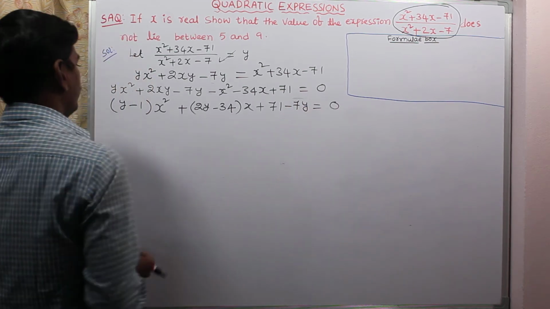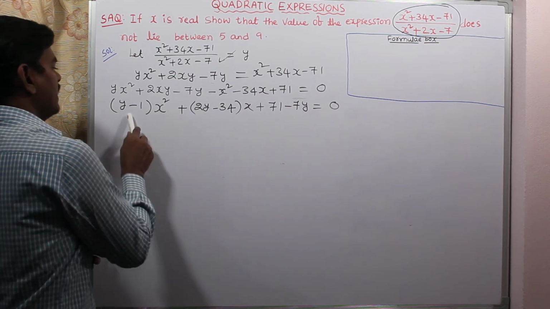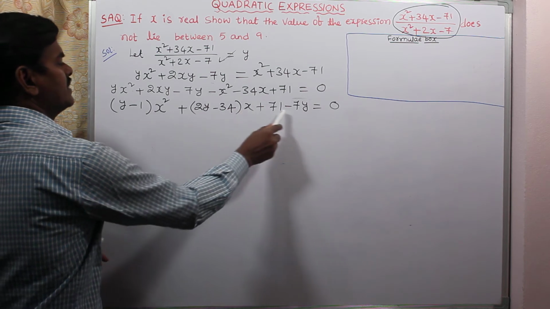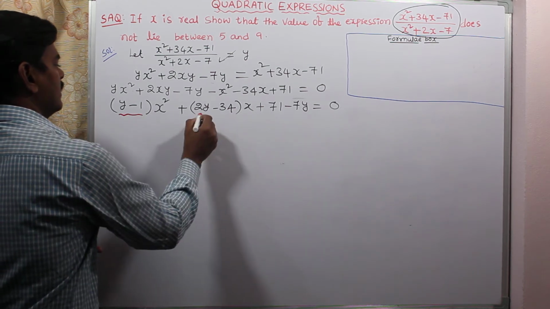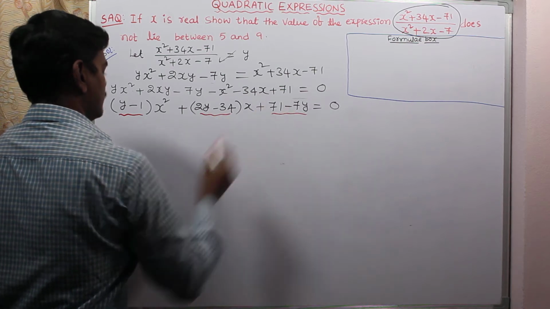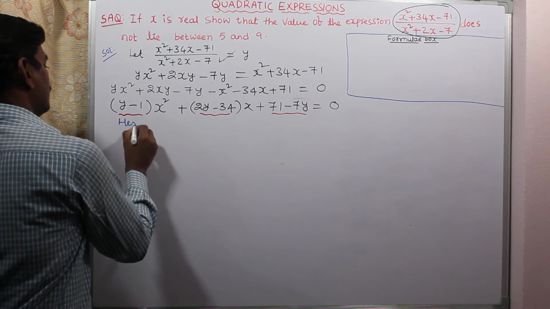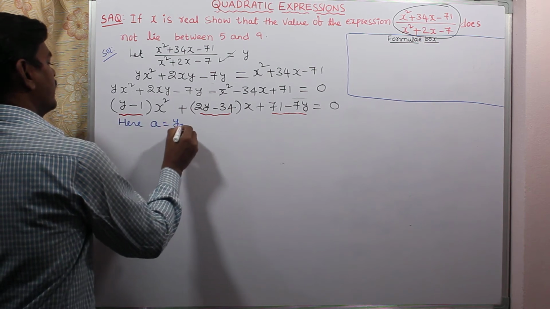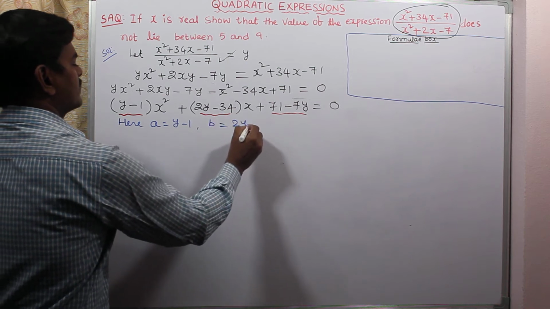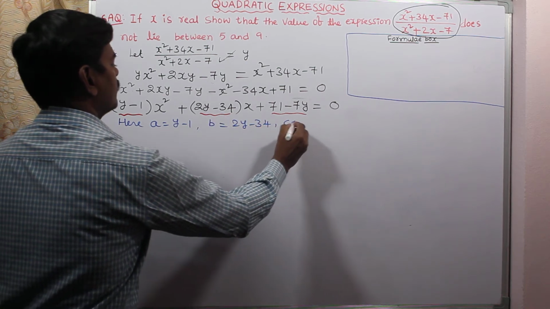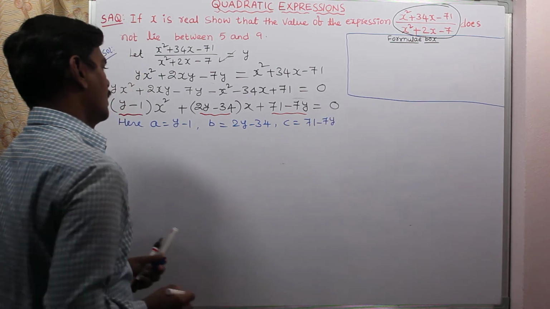Now we have got the standard form, ax square plus bx plus c equals 0. So this is a, this is b and this is c. Let us write a, b, c. Here a equals y minus 1, b equals 2y minus 34, c equals 71 minus 7y.